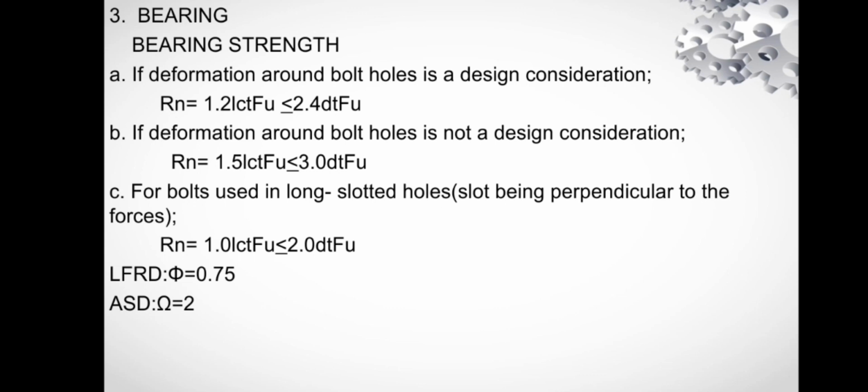The third case is for bolts used in long slotted holes with the slot perpendicular to the force, so we must use this formula. Rn is equal to 1.0 Lc t Fu, less than or equal to 2.0 d t Fu. In LRFD, phi is equal to 0.75 and in ASD, omega is equal to 2.